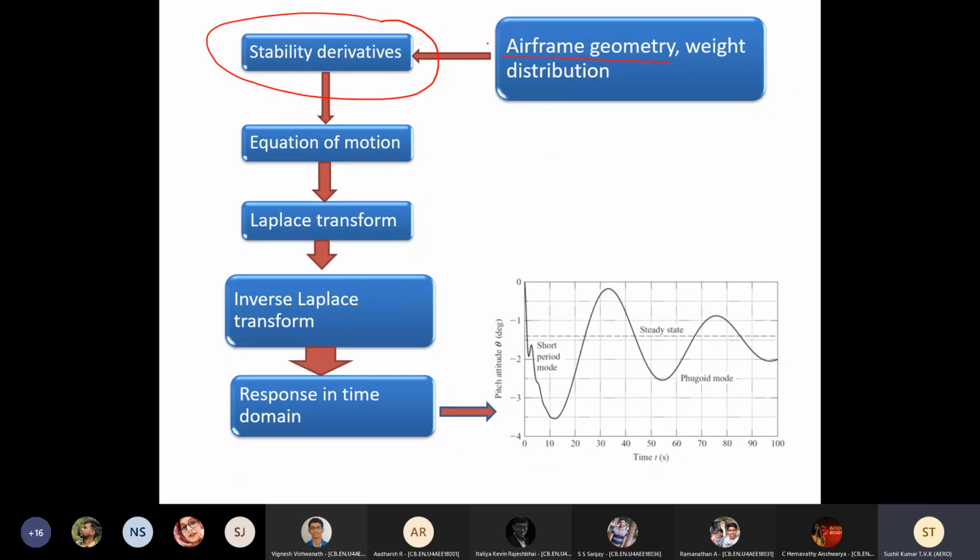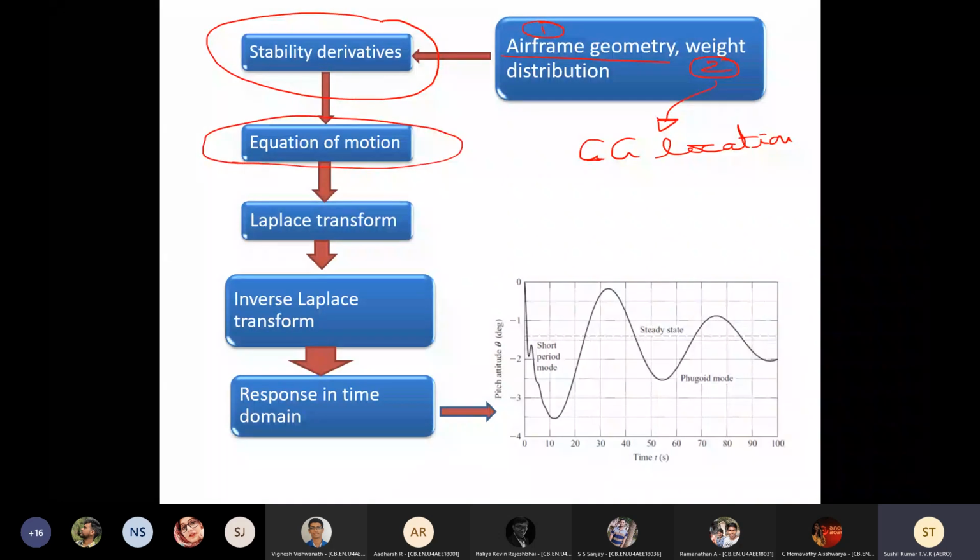The second one is weight distribution, or in other words, just the CG location. Once you have the stability derivatives, all you have to do is fit them into the standard form of the equation. Then you get the equation of motion. This is where we are presently.